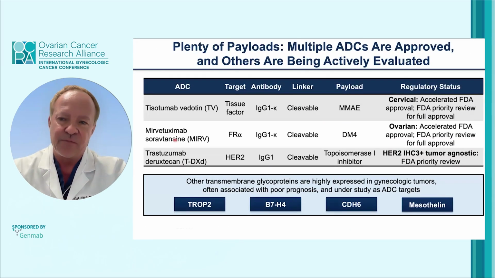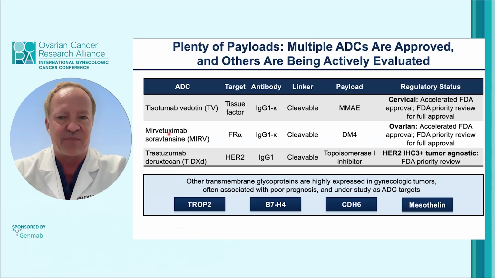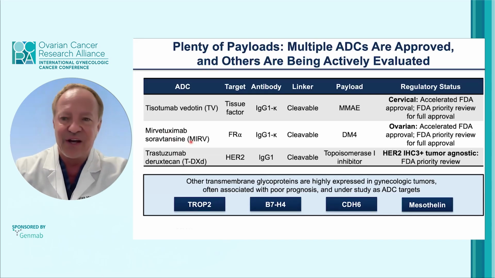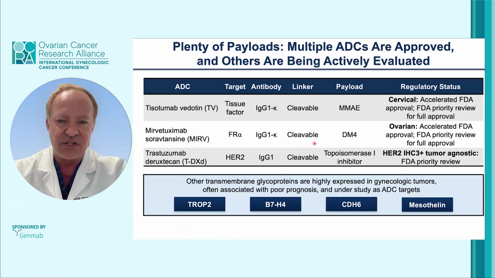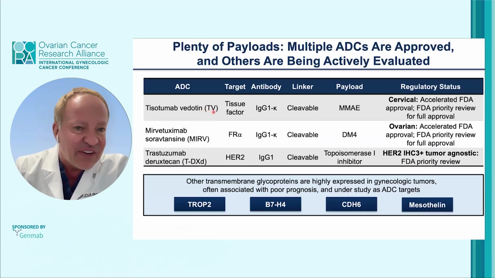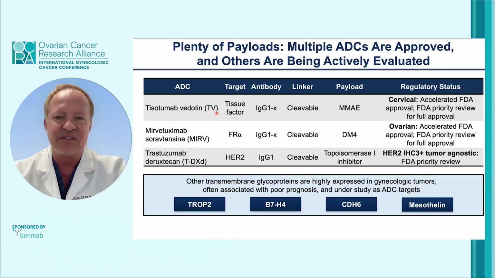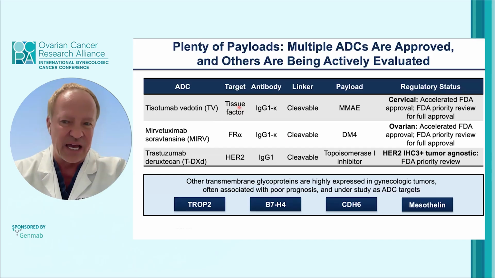So these are the three. She talked about Mirvetuximab. I'm pretty simple. I just call it Mirv. And it's against folate receptor. Tisotumab vedotin, simple, TV. It's against tissue factor. We don't need to measure this because it's so high. Mirv, we have to measure it.